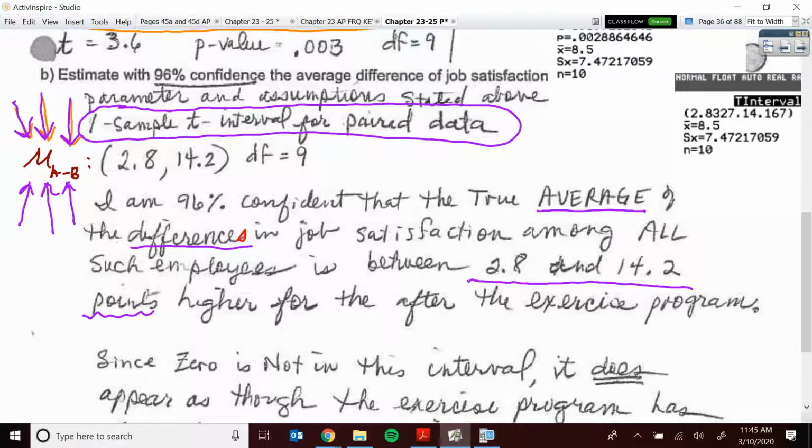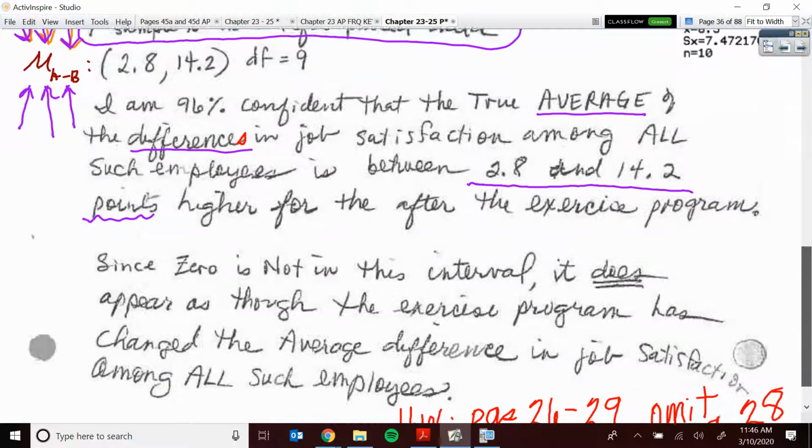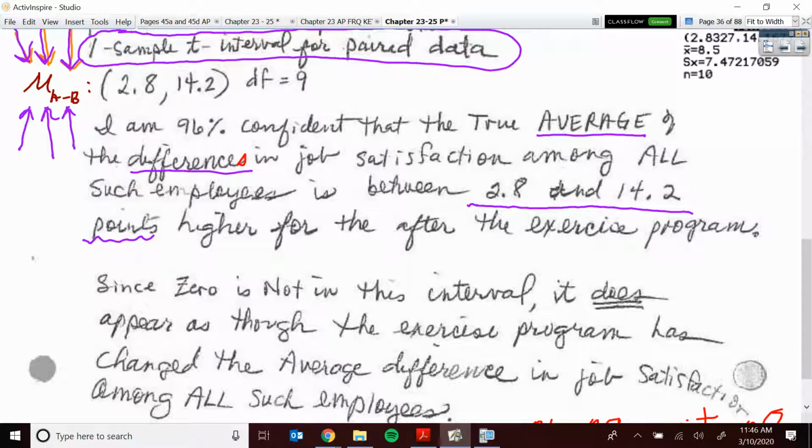Higher after the exercise program. Okay? So something about how the average is this much higher after, between this and this much higher after the exercise program. And then finally we have, since we're talking about differences, 0 is of interest to us. So this difference is completely above 0. So what does that say to us? 0 is not in the interval.